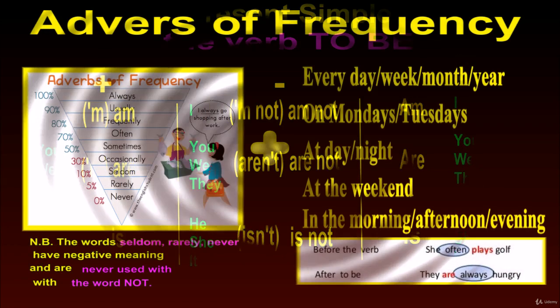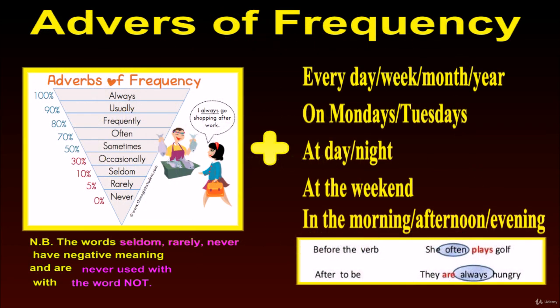Is it? And here we have the adverbs of frequency, which are often used in the present simple tense. They are always, usually, frequently, often, sometimes, occasionally, seldom, rarely, and never. Pay attention that the words seldom, rarely, and never have negative meaning and are never used with the word not. So you cannot say, I do not never wake up at 7 o'clock.